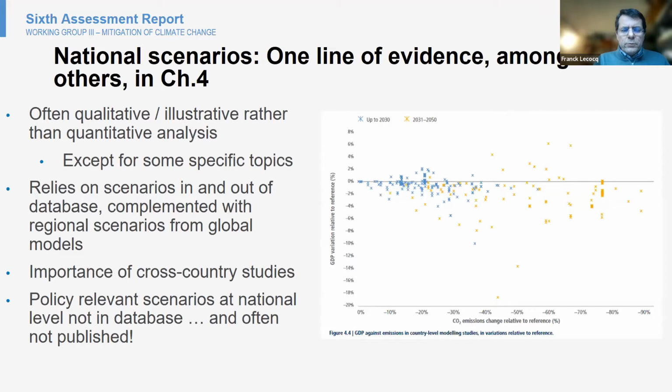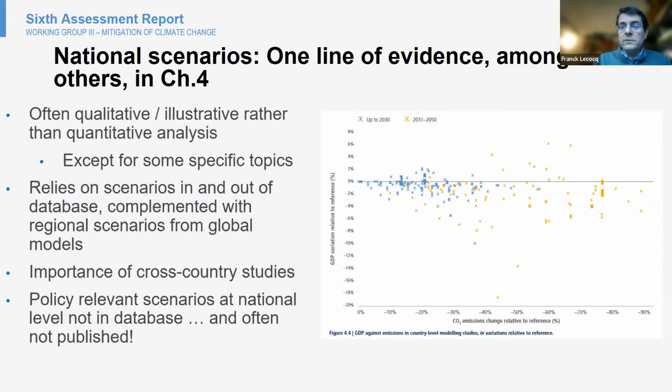There are two important points for this audience. For a global assessment, it's difficult to have one chapter for each country, so comparative cross-country studies based on national models are really important. And the more we get, the more material can get into future assessment reports. Second, and maybe even more importantly, we realized that a lot of the policy-relevant scenarios at national level are not in the database, not because people refused or we did not reach out to the right people, but just because those scenarios are not published.